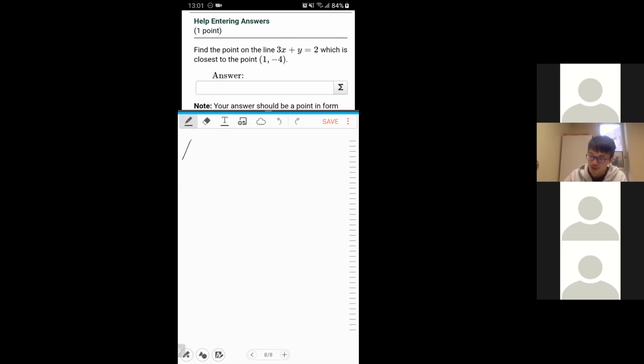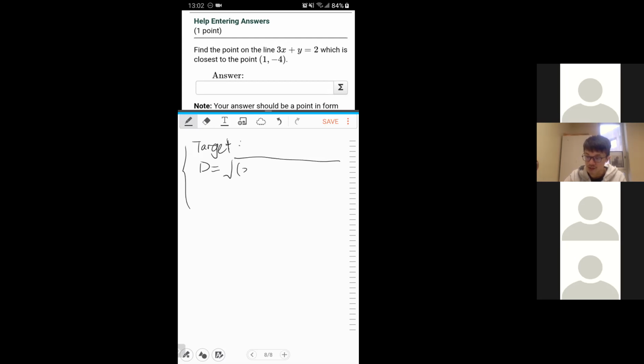Coming back to the question, I know that the target should be the distance, right? And one of the points is given in the question, which is 1, negative 4. The second point, you can call it x and y, which means your distance function is something like this.